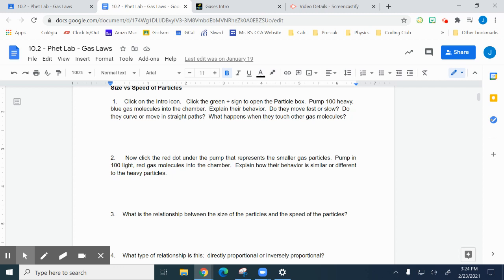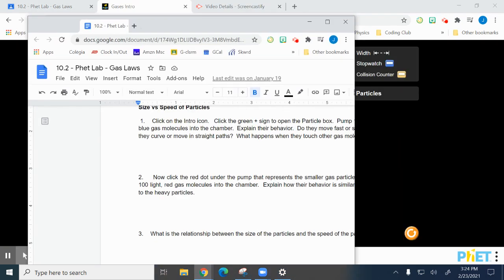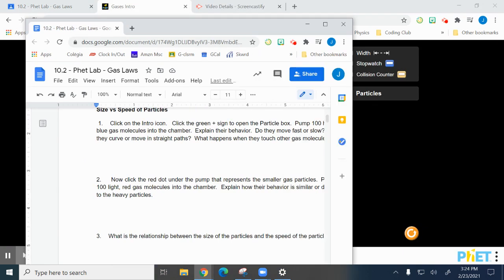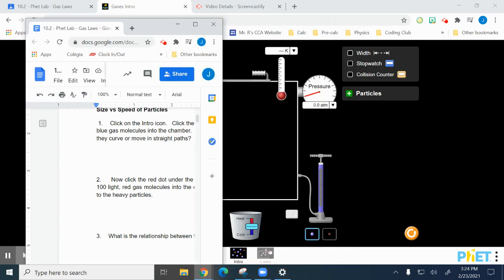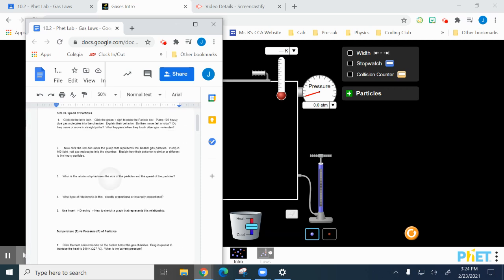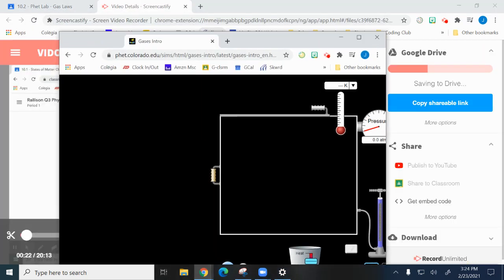Click the green plus sign to open the particle box. Pump 100 heavy blue gas. I think we're going to have to do two screens for this one, because that's a lot of instructions. Let's make that smaller, 50% maybe. There we go. I can see that just fine.